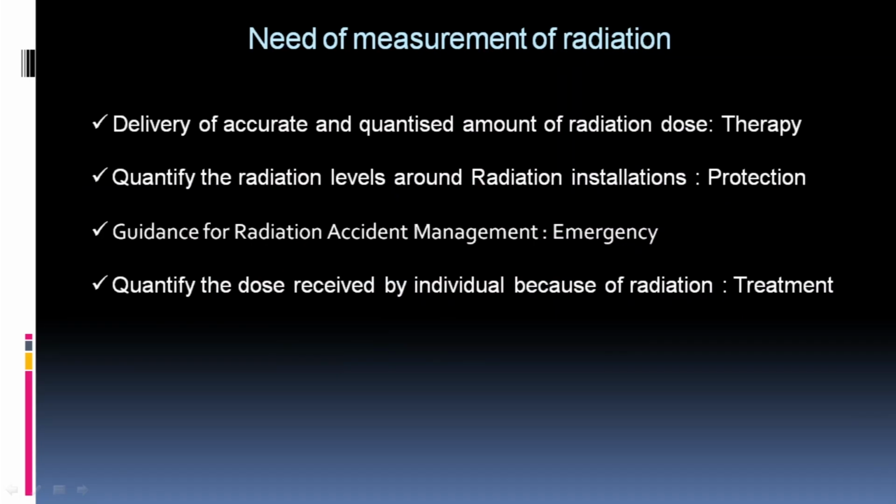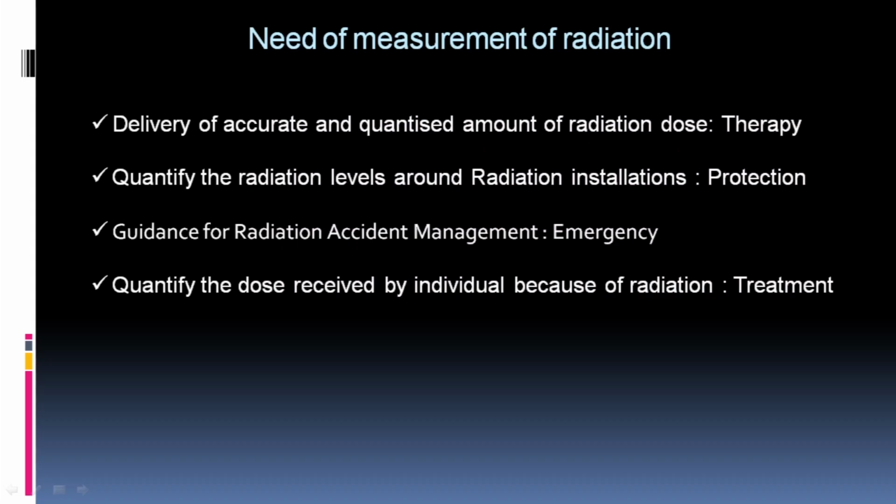Now, what is the need of measurement of radiation? Because we treat cancer patients by delivering a very accurate quantized dose, so we need to measure or calibrate our equipment by using radiation detectors or a radiation measuring system.